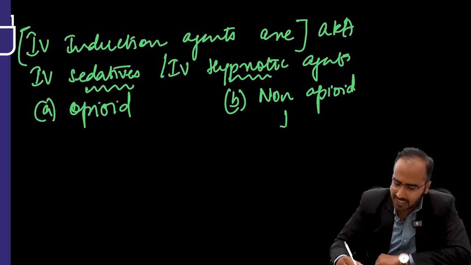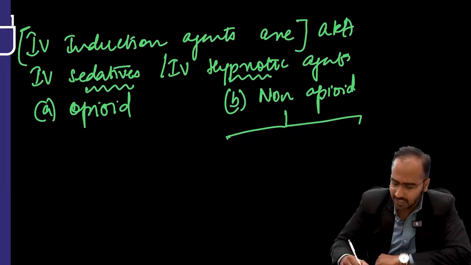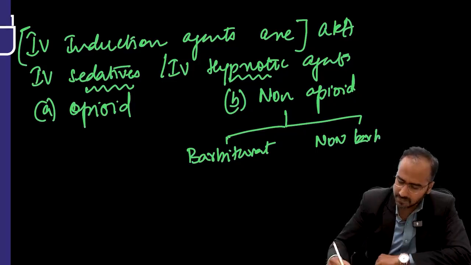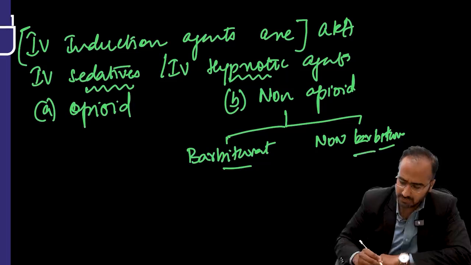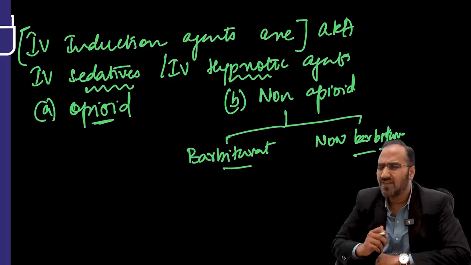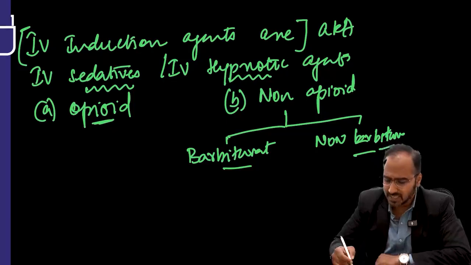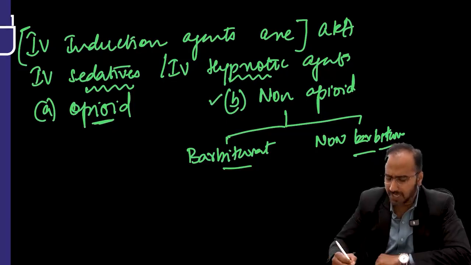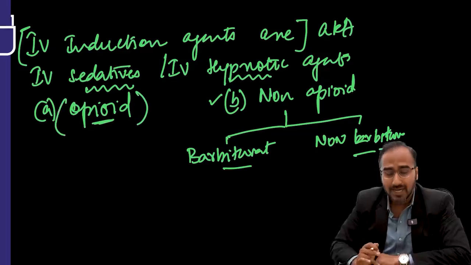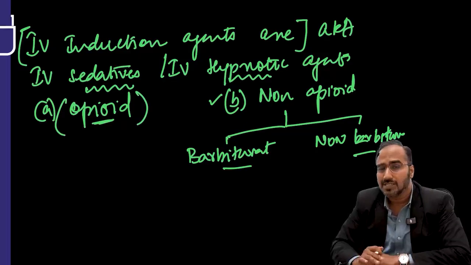In the non-opioid category, further you have the barbiturates and the non-barbiturates. Commonly, what we use for giving general anesthesia is the non-opioid category, the barbiturates and the non-barbiturates.